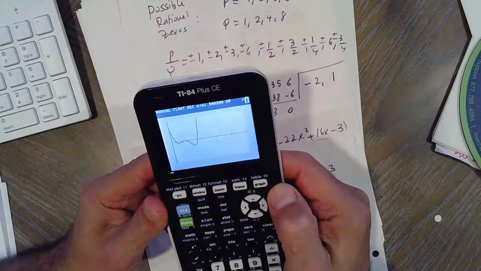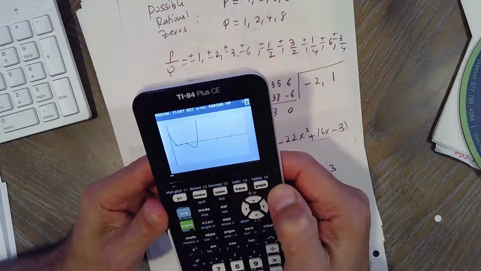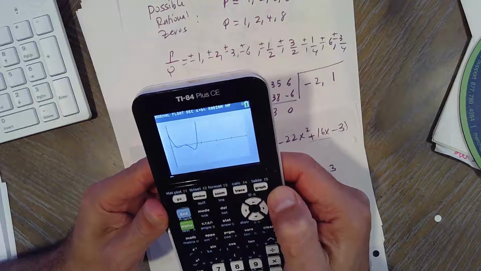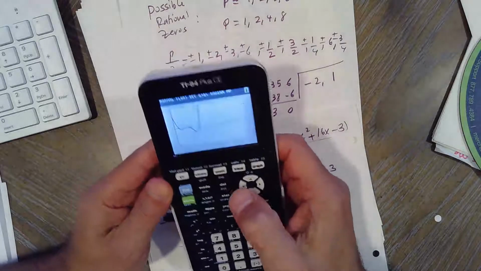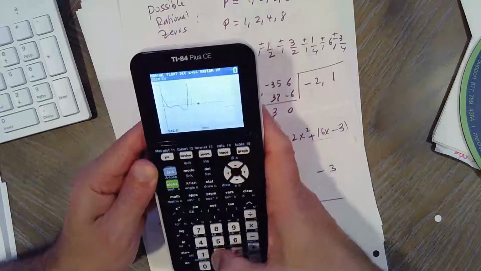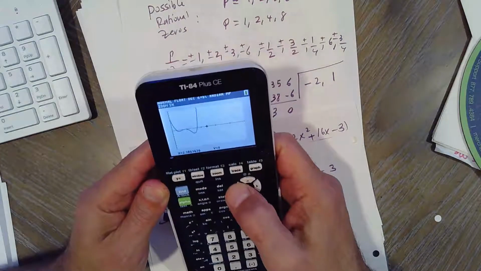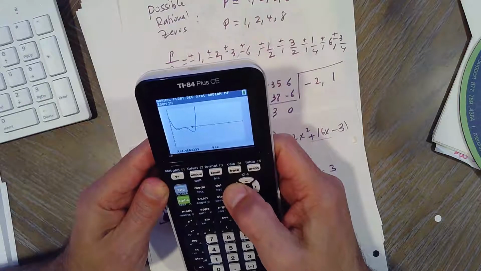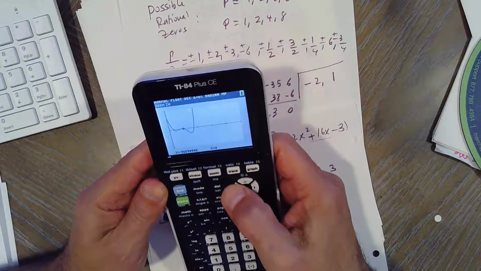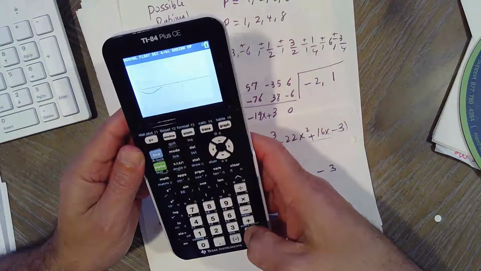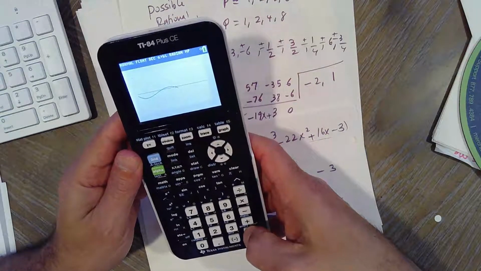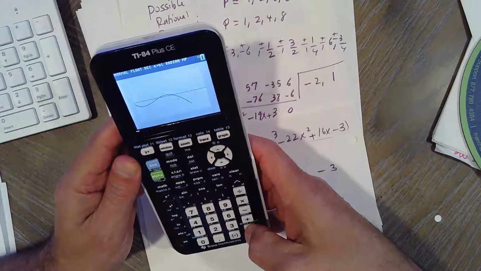So it looks like it crosses right before 1. If you zoom in, right here, hit enter. Here we go. So it crosses about 3/4 and then about 1.